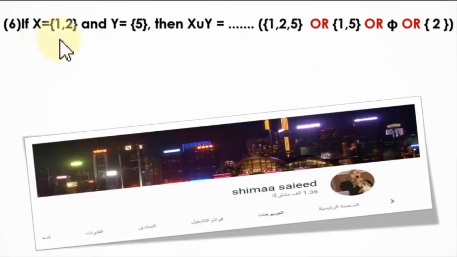If X equals the set of 1 and 2 and Y equals the set of 5, then X union Y equals all the elements 1, 2, and 5.